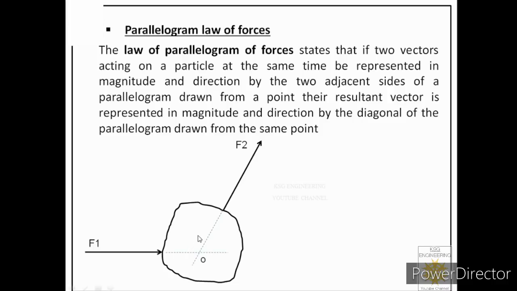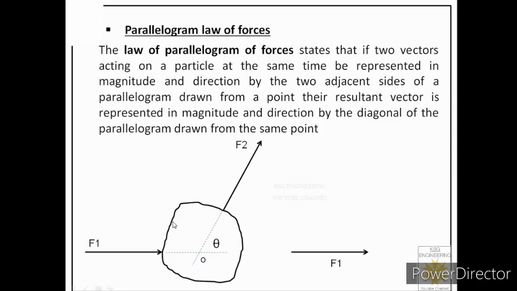So in order to find their resultant, we will apply parallelogram law of forces. Under this law, we will arrange these two forces in such a manner that they start from a common point and act as two adjacent sides of the parallelogram. Let us say the angle of this particular force is theta with the horizontal.